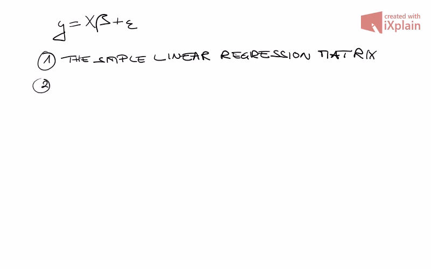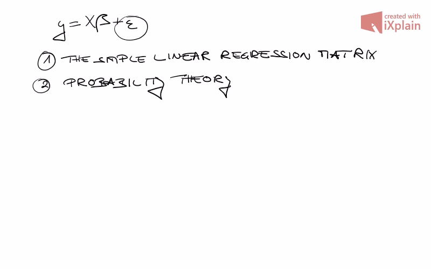And then the second aim is that we have to start talking about probability and probability theory, because we have to get started on this epsilon. The epsilon is a random component or stochastic component of the GLM, and we have to get into that. So that's the outline for today, and let's see how far we get.